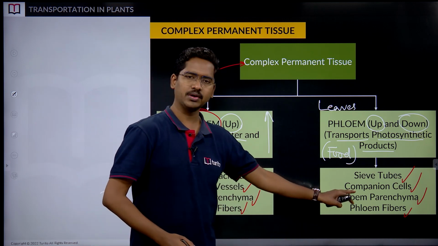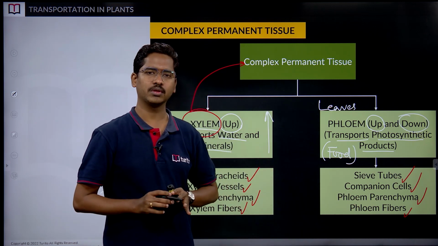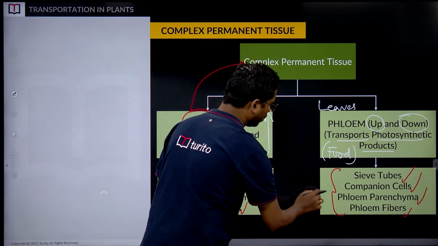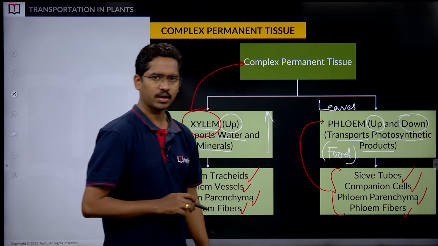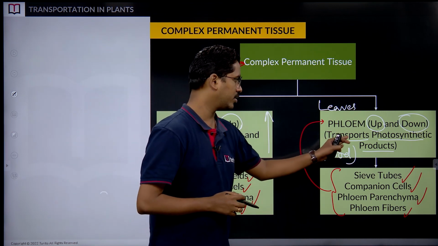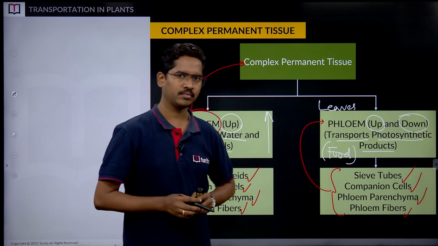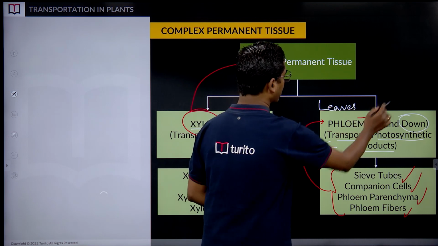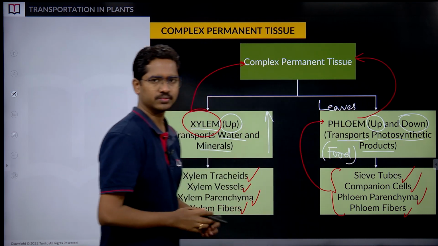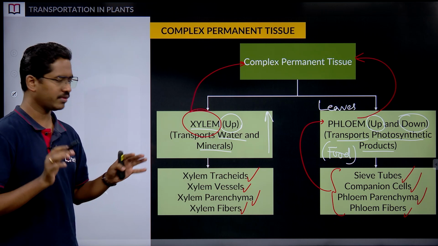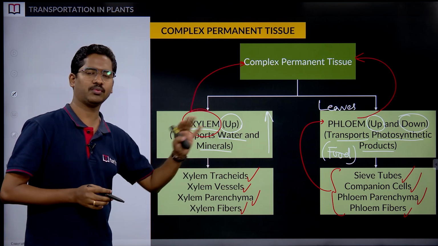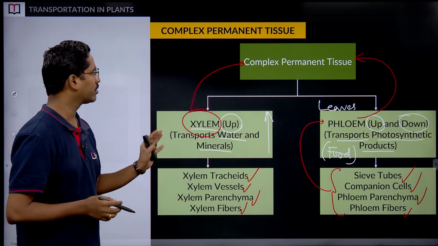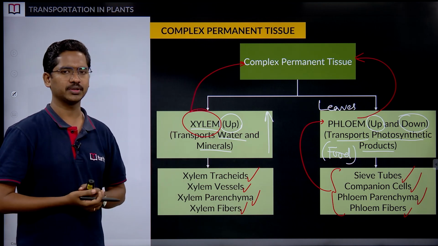So, these are the components required by the plant, and that makes up the whole system of phloem, and phloem is mainly involved in transportation of photosynthetic products. So, this justifies why it is a complex permanent tissue. Hope you are clear with this. So, these are all basics, but still I want you to understand in detail, right. That is why I was explaining this. So, this is what is occurring in the complex permanent tissue.